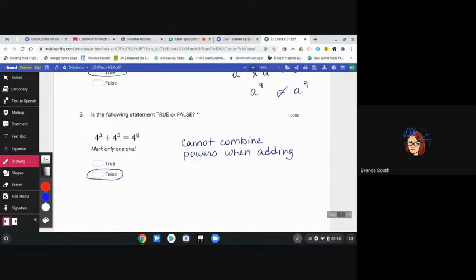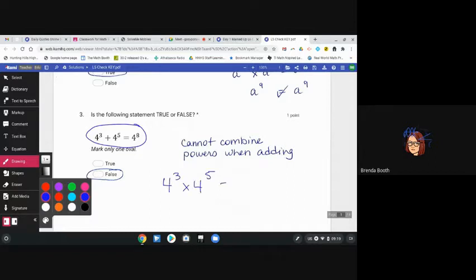Now, there were a few people that got caught on this one. If we were to do this one for real, take a look at what's going on in this question. If we had 4 cubed times 4 to the 5th, the rule for multiplication is keep the base the same and add exponents.